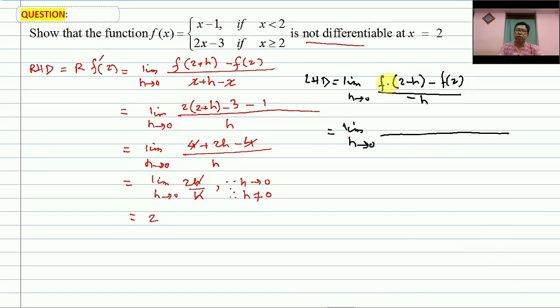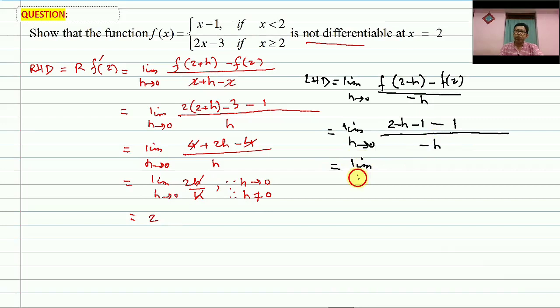Watch carefully the numerator: f of 2 minus h, x is less than 2, then the function is x minus 1. So replace x by 2 minus h, so 2 minus h minus 1, minus f of 2. As earlier I found, 2 into 2 minus 3 is 1, so substitute 1 here, and the denominator is minus h.